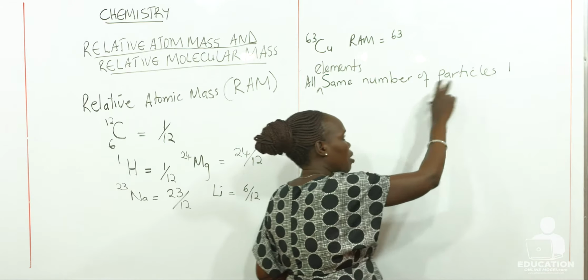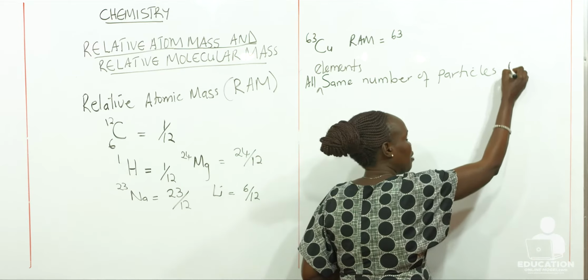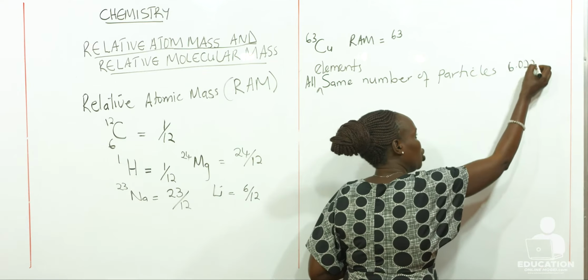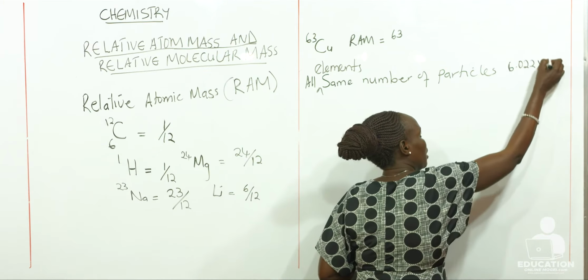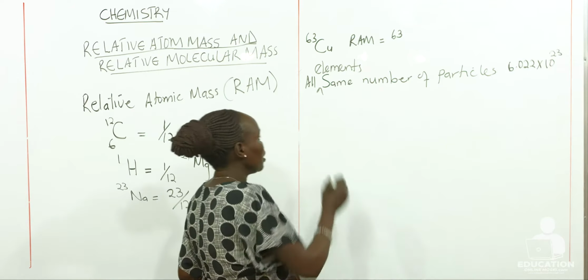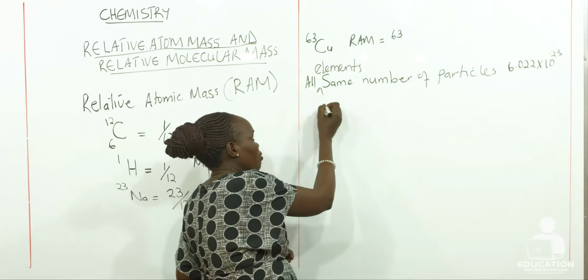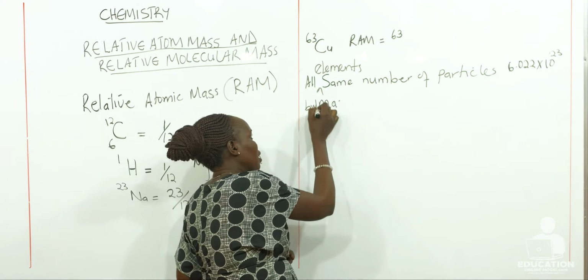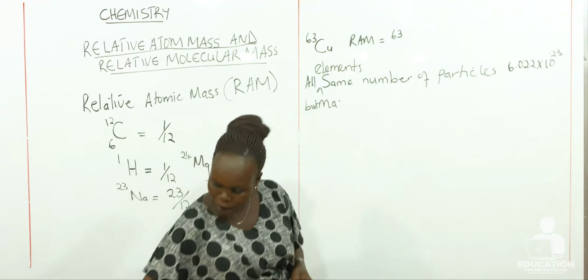And here the number of particles is the Avogadro's constant, which is 6.022 times 10 to the power 23. And here we can say that the masses of these elements are different.